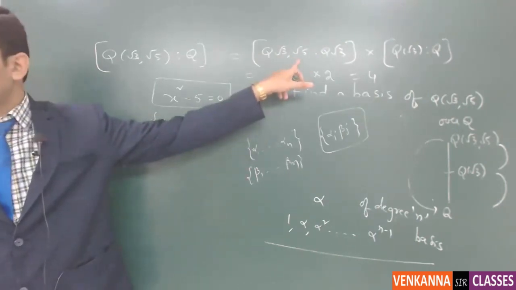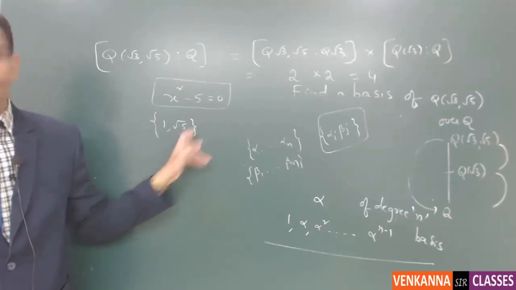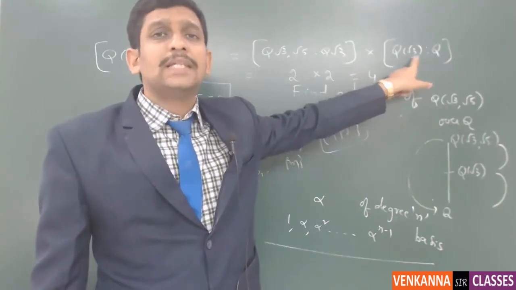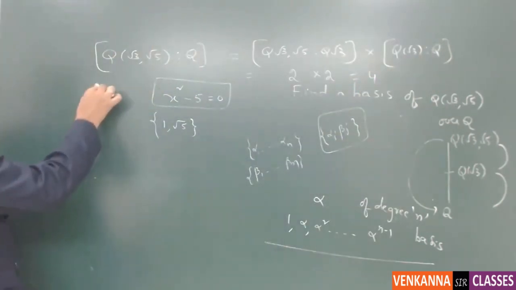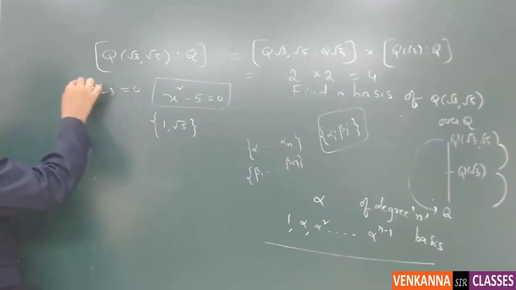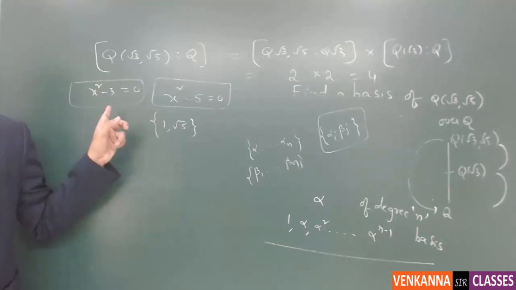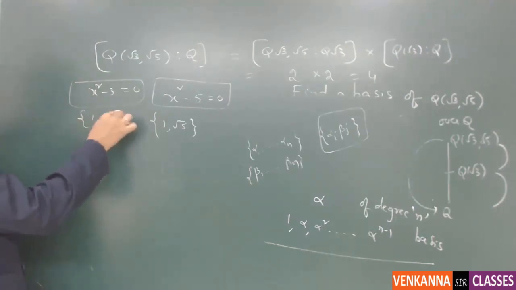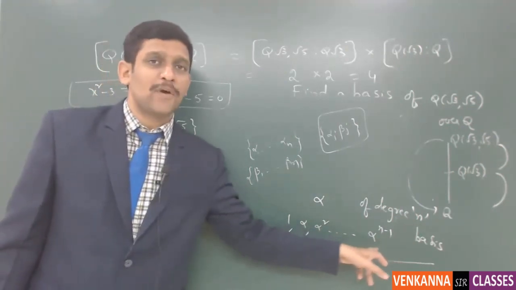So for the first vector space, the basis is 1 comma root 5. Here we have taken that root 3 is algebraic over Q. There you have taken the polynomial x square minus 3 equal to 0. Here also the degree of the polynomial is 2. Hence its basis is 1 comma root 3, as 1, alpha, alpha square, so on, alpha power n minus 1.